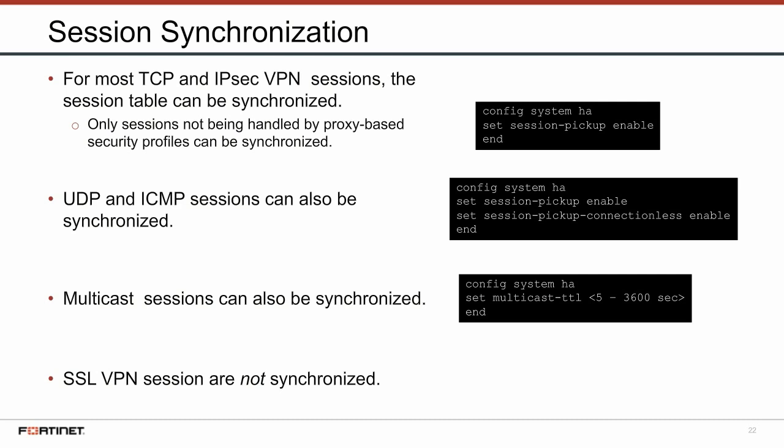You can also enable synchronization of multicast sessions. The multicast time to live (TTL) timer controls how long to keep synchronized multicast routes on the secondary devices in an HA cluster, so they are present on the secondary devices when one becomes the new primary device after a failover. The synchronization of SSL VPN sessions is not supported.